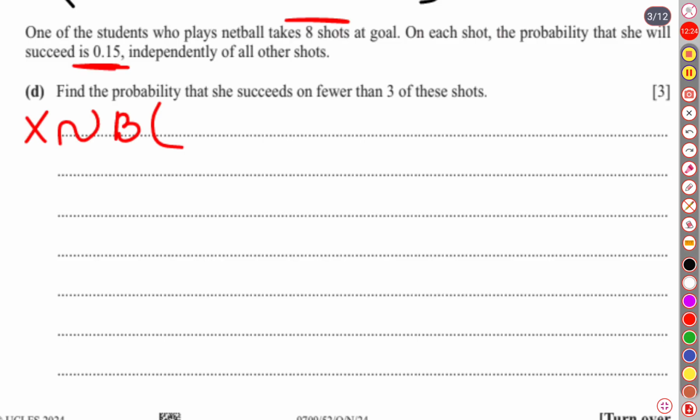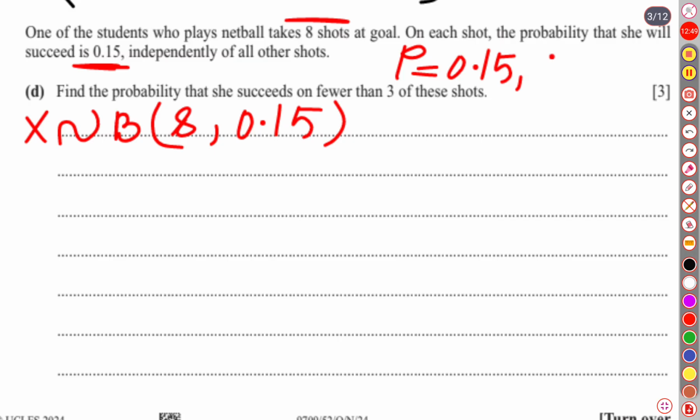The parameters for any binomial distribution are n as well as p. n is the total number of experiments, which is 8, and the probability of each shot is 0.15. That means p is equal to 0.15, hence q is going to be 0.85, the remaining probability.